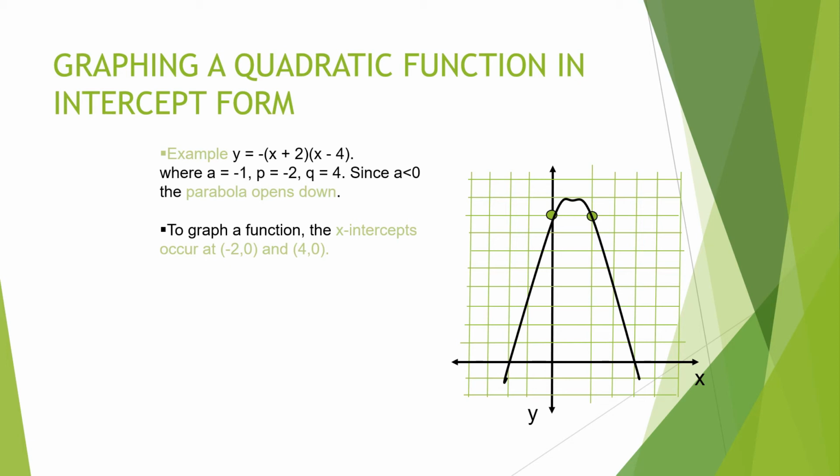Let us now draw the axis of symmetry that lies halfway between these points, at x equals 1. The value of p is negative 2, the value of q equals 4, negative 2 plus 4 equals 2, divided by 2, so the answer is 1.